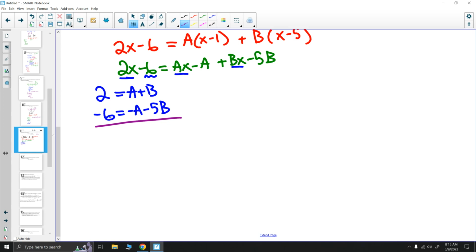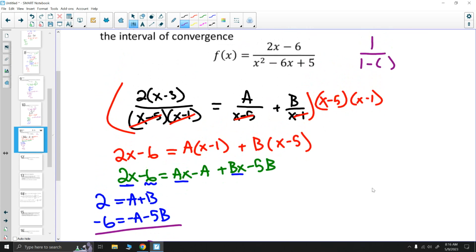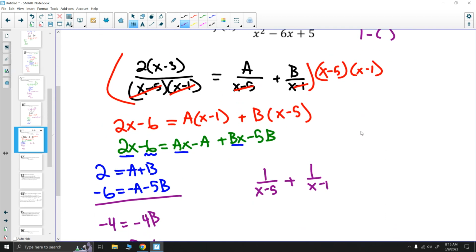If we add this row to this one, 2 minus 6 is negative 4, is equal to, the a's cancel, negative 4b. So that tells us that b is 1. If b is 1, then 2 equals a plus 1, so a is also 1. So we can rewrite this as 1 over x minus 5 plus 1 over x minus 1.